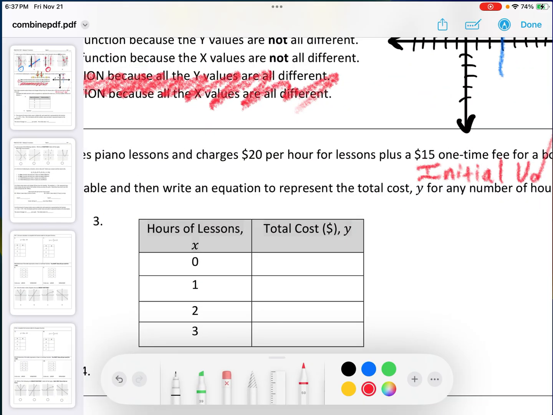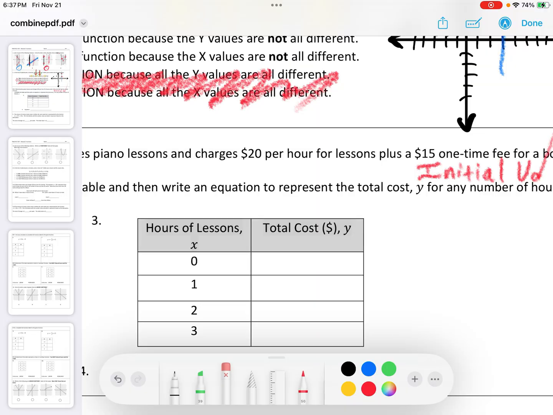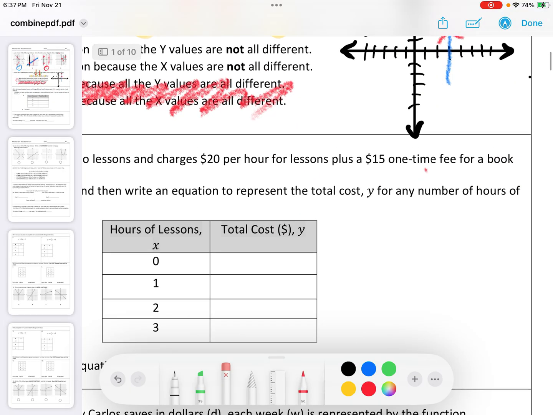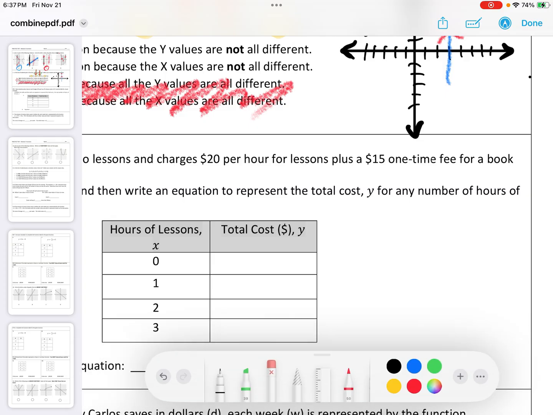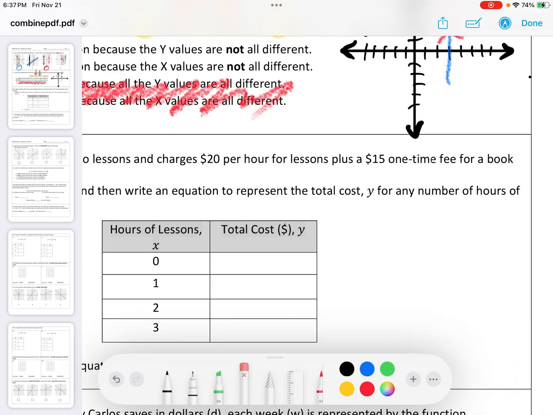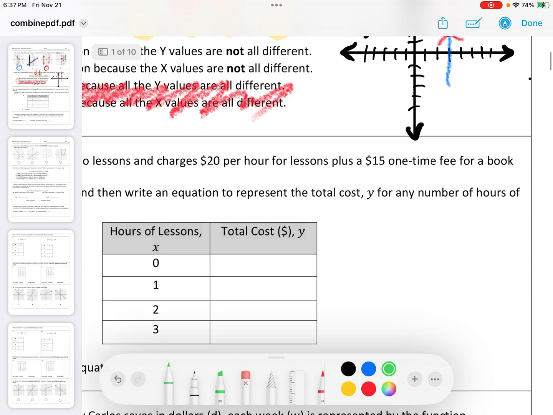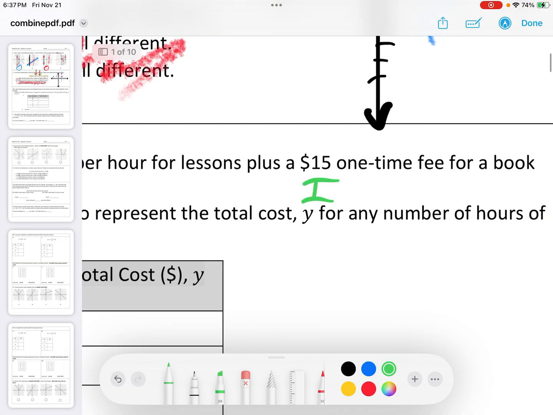Okay, I'm back. Yay! But I'm actually going to use a better pen for that. There we go. So 15, we're going to do that one time. So that's our initial value, which is also called our y-intercept.